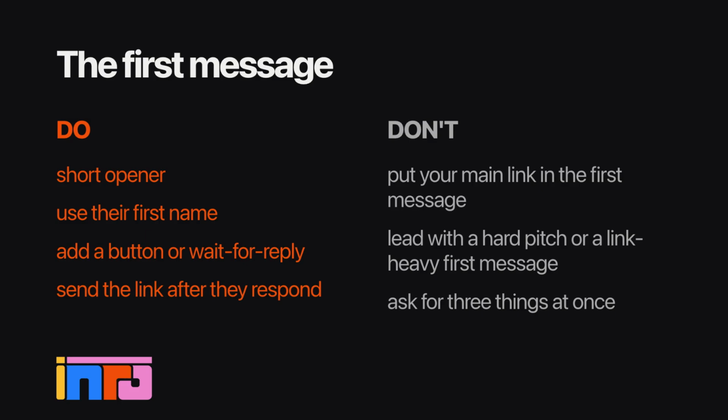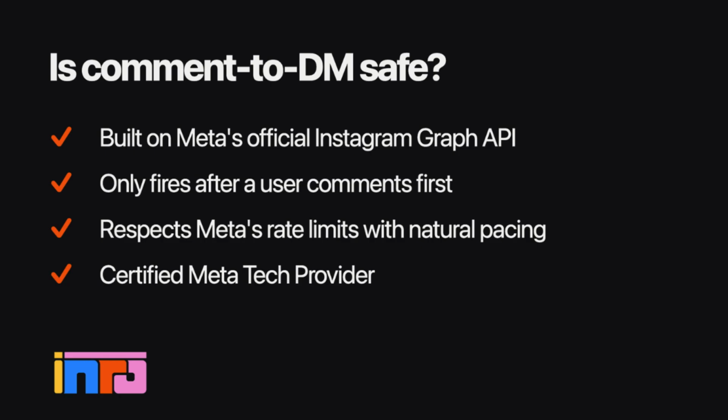The goal is to sound like the start of a real conversation because that is what it is. Auto-reply to the public comment too with something short so other people see there is a reason to comment. And always end with one clear next step. A link, a booking, or an opt-in. Never three at once.